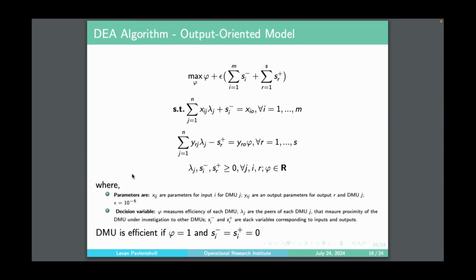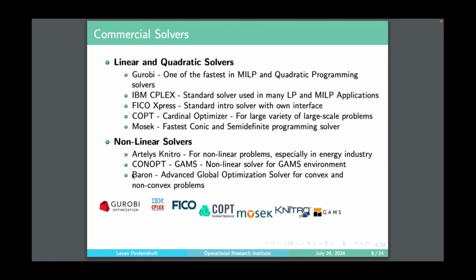If the problem is coming from the power industry, let's say, I would probably use Artelys Knitro, because they have the most experience in those kinds of problems. Those engineering problems are normally standard ones, so you might want to know the guys who have dealt with them, and they will have the best solver.